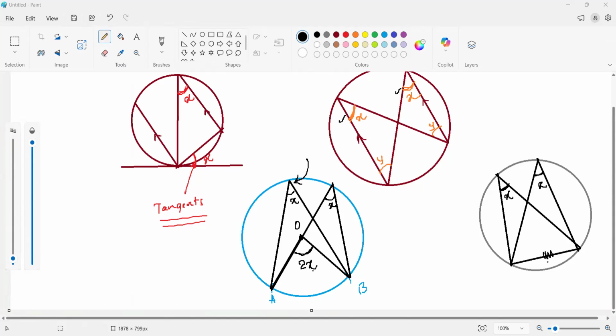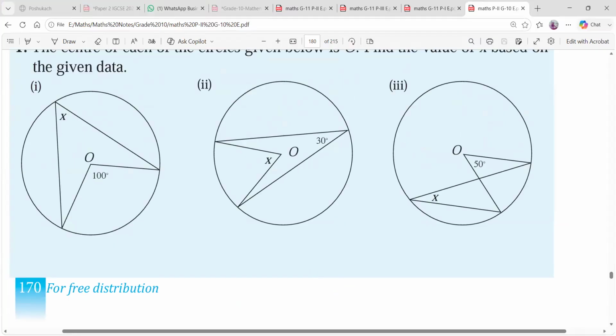Please write down and read. Quickly. Can you tell me the answers?